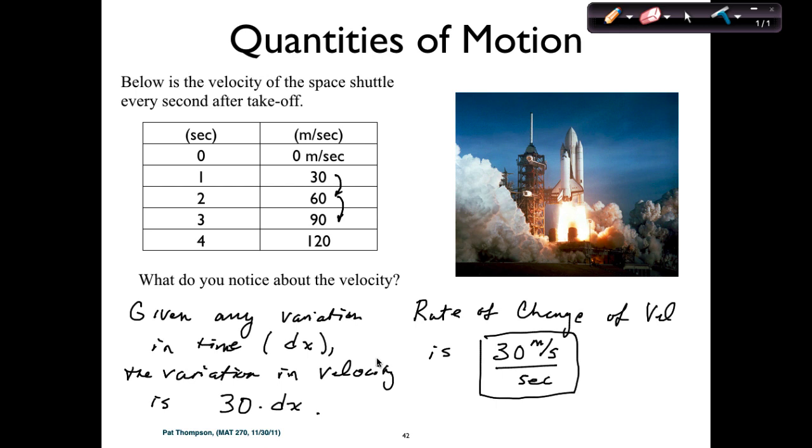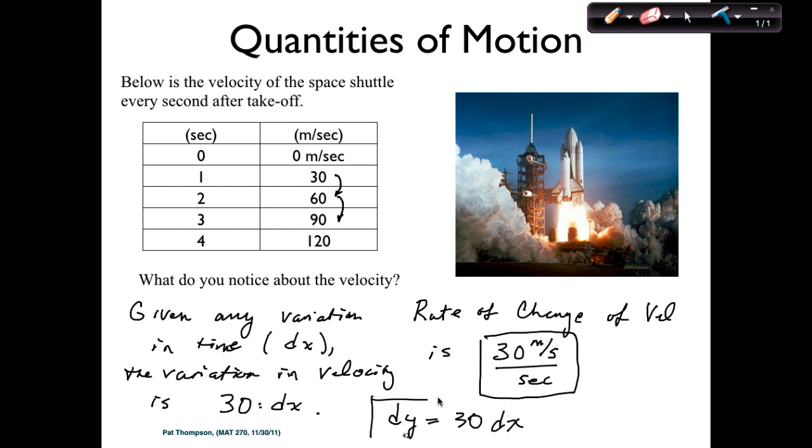See, a constant rate of change tells you a lot more than just what's happening every 1 second. It tells you what happens in any variation of time. So in any variation of time dx, the variation in velocity is 30 times as much as that. And so that's our dy equals 30 dx, where dy is our variation in velocity given any variation in time.